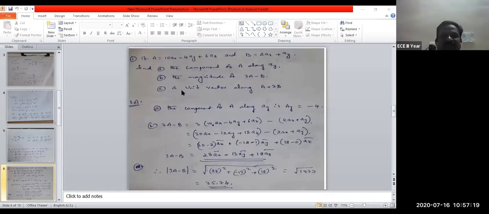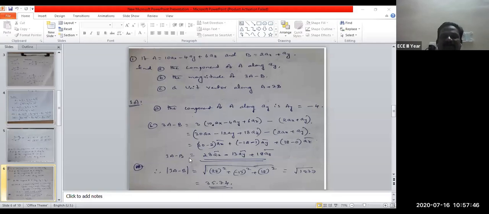So the first one, the component of a along ay is equal to minus 4. Second one is 3a minus b, that is equal to 3 into 10ax minus 4ay plus 6az, minus 2ax plus ay. So 30 minus 2, then minus 12 minus 1. Z is not there in b, so we will take it as 0, so 18 minus 0 along z.